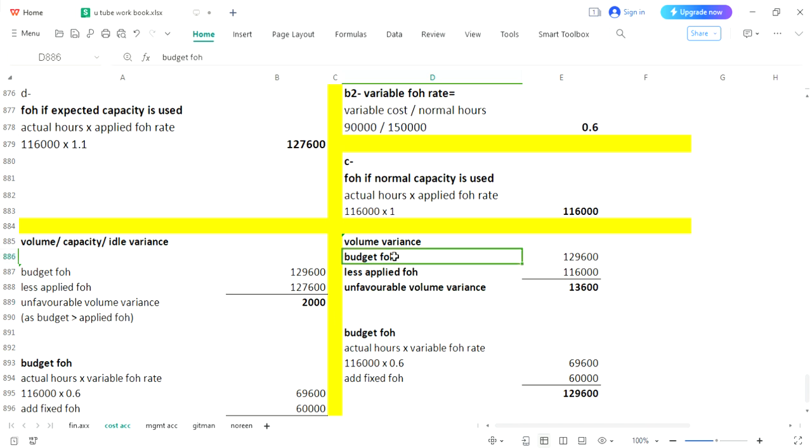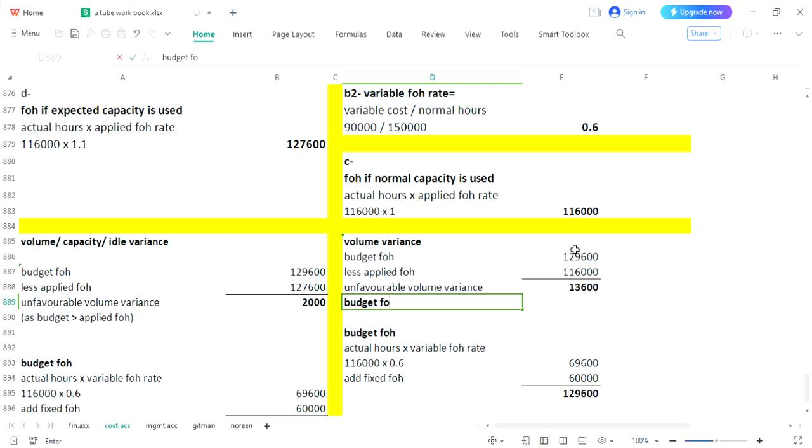Both are unfavorable, just amounts are different. Why have we called it unfavorable? Because budget FH was more than applied FH. So that is why we have called it unfavorable.